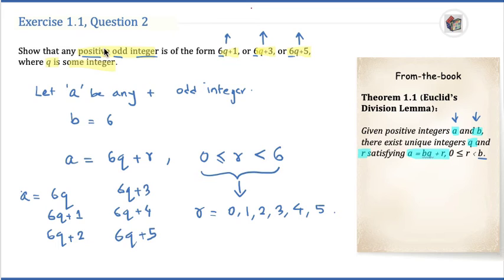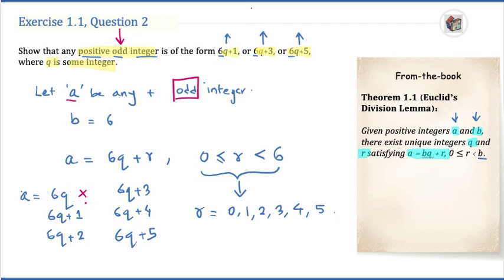Well, that is happening because of this word here. You know that this number a that you've assumed is odd. It is an odd integer. Now, in this list of possibilities, not all of them are odd. And the ones that are not odd, I will reject them. For example, 6q is even.